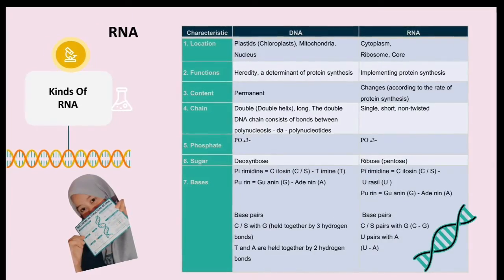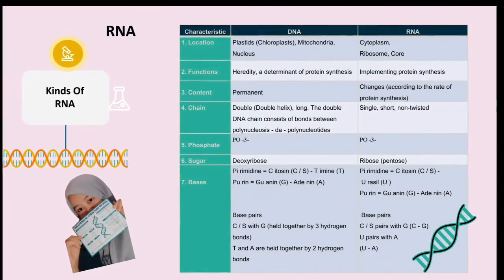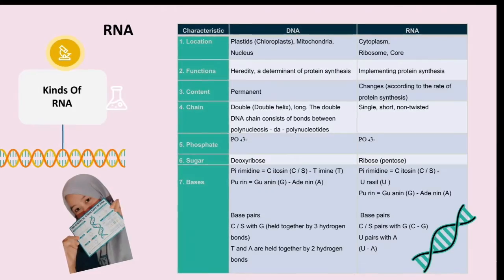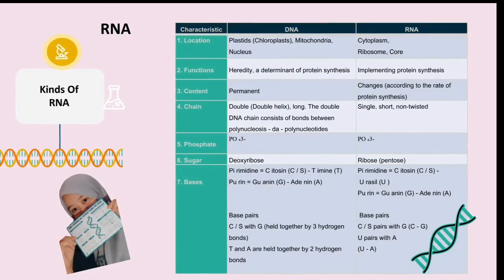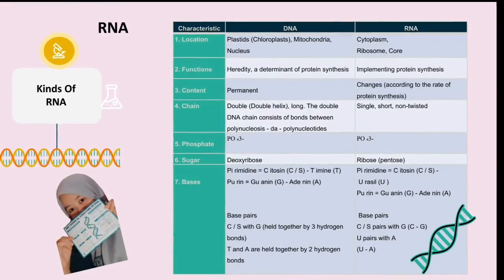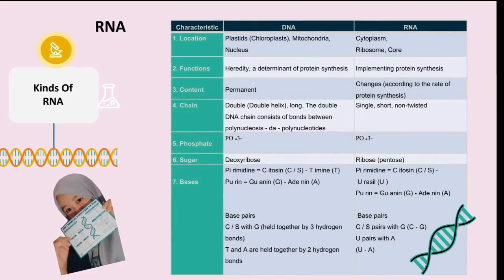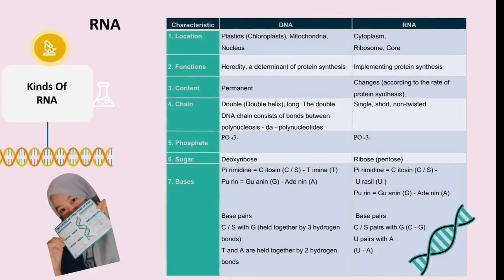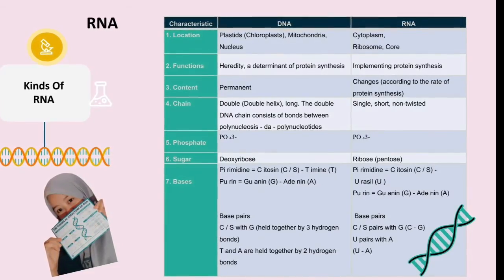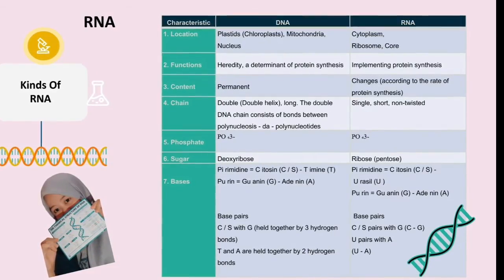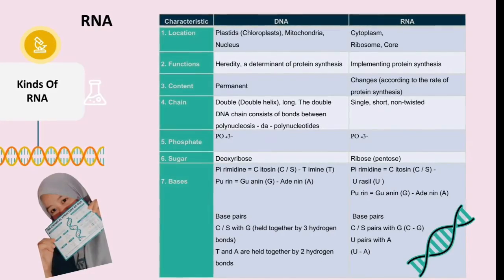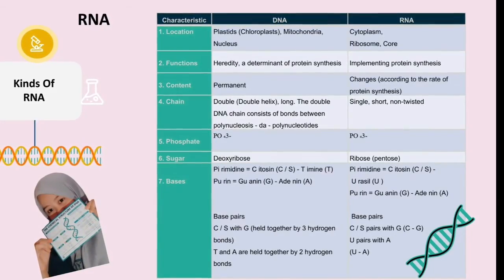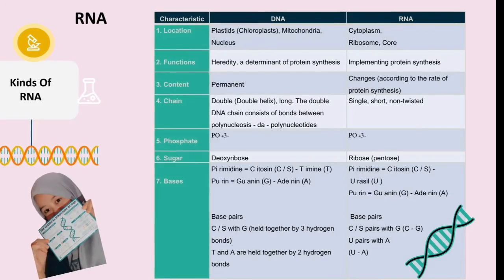Second, ribosomal RNA or rRNA, which functions as a machine assembly reader in protein synthesis that moves along the mRNA. The third, transfer RNA or tRNA, which serves to transport amino acids to the ribosome in accordance with the code of the genes contained in the RNA.